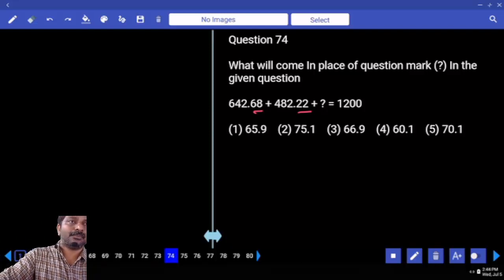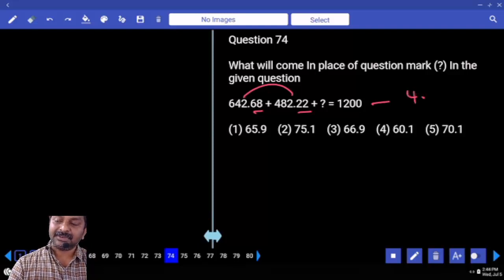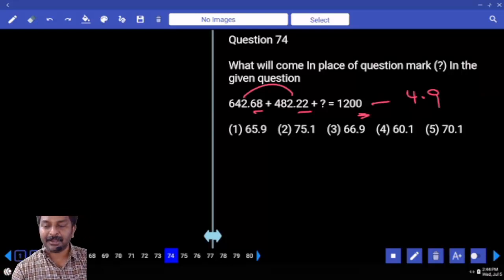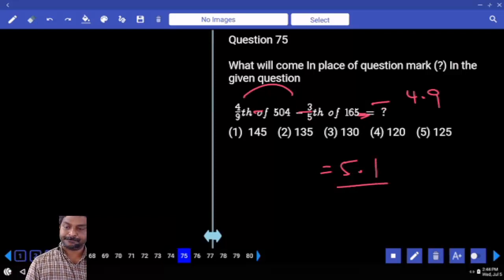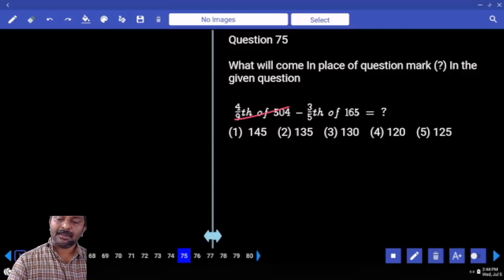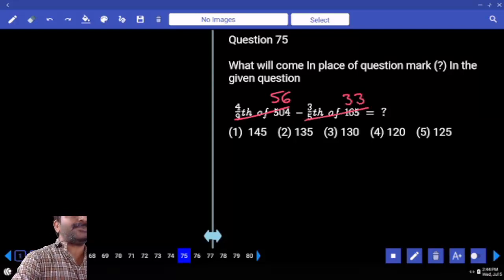0.68, 0.22. 0.2 plus 2. That means left hand side it is ending with 4.9. If it goes right hand side, that ends with 4.9 only. From 0, if you subtract 4.9, or from 10, if you subtract 4.9, answer must end with 5.1. 9 cancellation. 9 5 times, 6 times. 5 cancellation. 33. 4 times of 56.